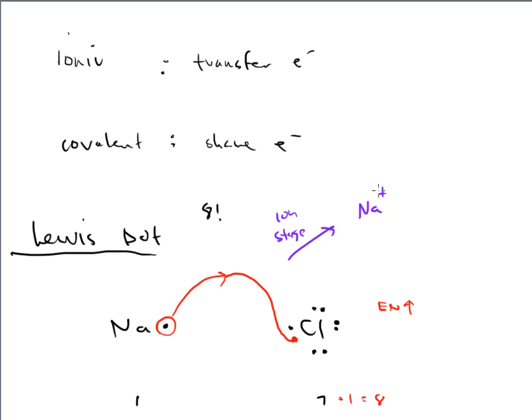That's how it gains that charge. And chlorine has now gained that electron, so it becomes negative because he's got one extra electron hanging out with him now. This positive and this negative come together, and that makes NaCl for my compound. And there's the balanced chemical formula for this.